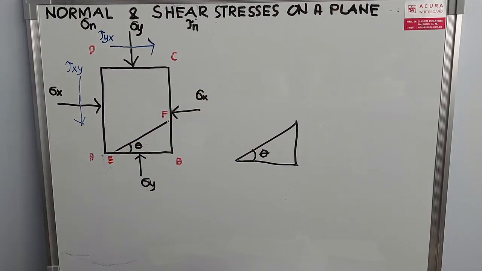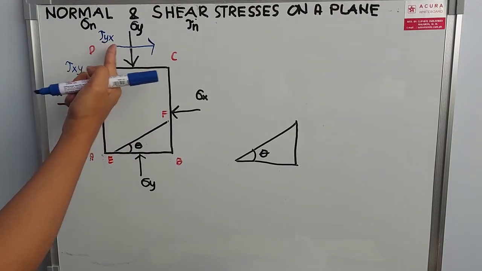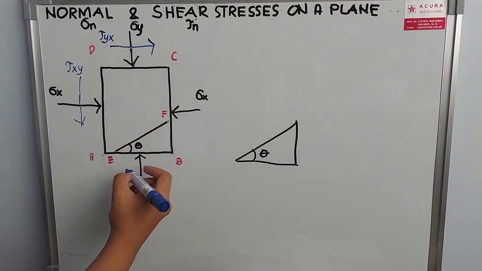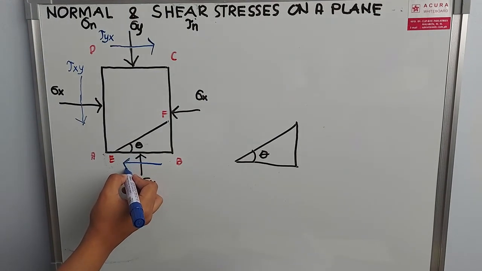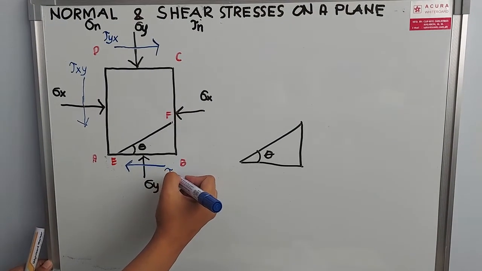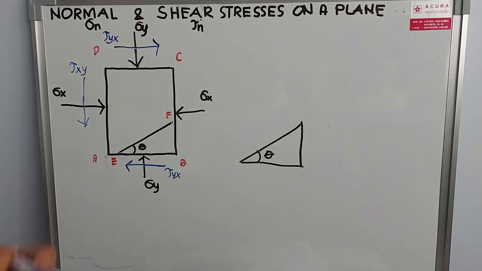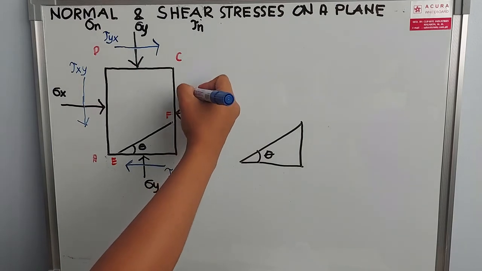Same with our shear stresses. If the direction of our shear stress is towards this direction, from here, our direction is towards the opposite side. So this is tau yx or shear yx. And then if this is going down, this is going up.